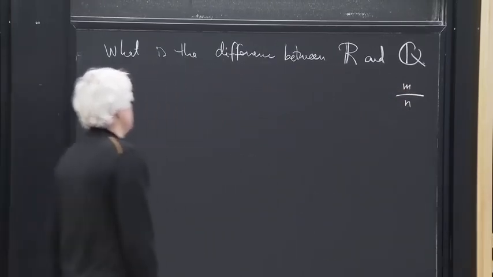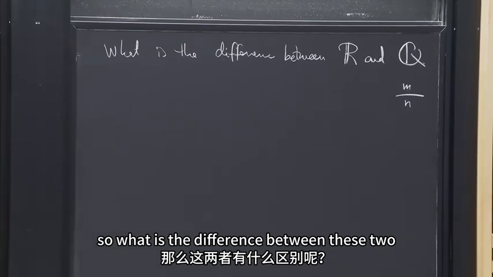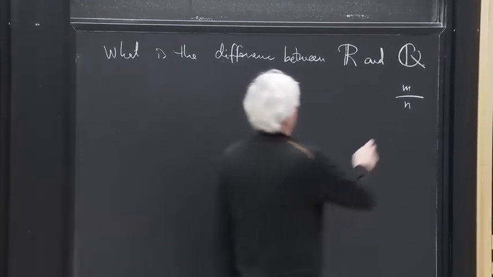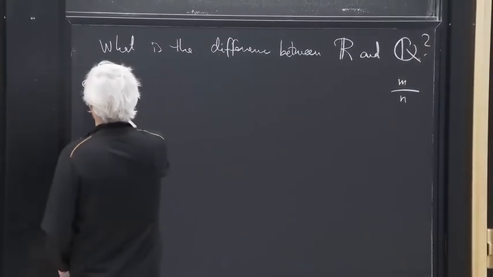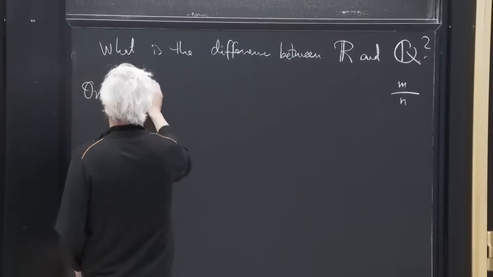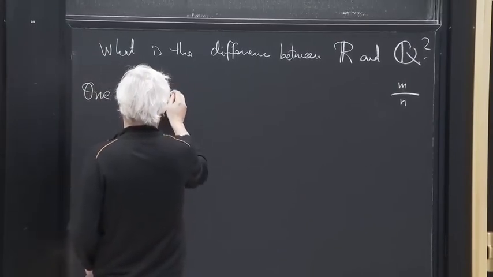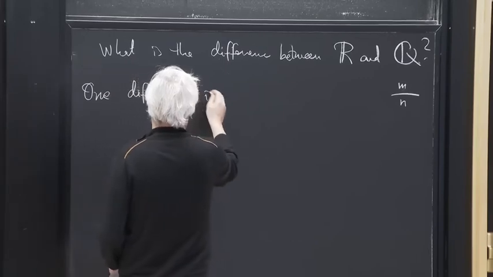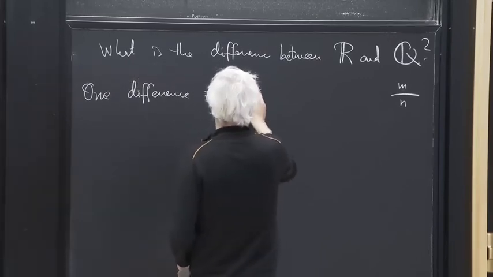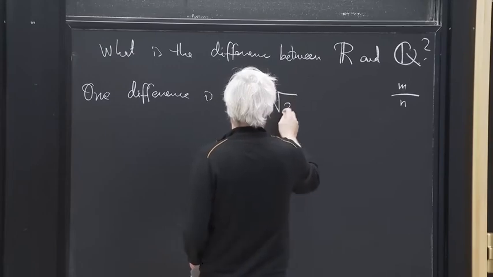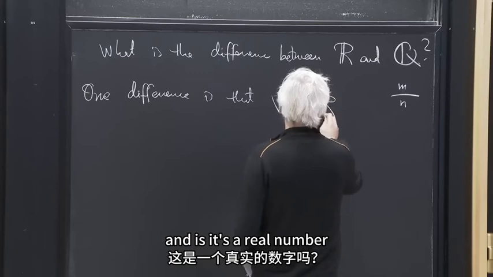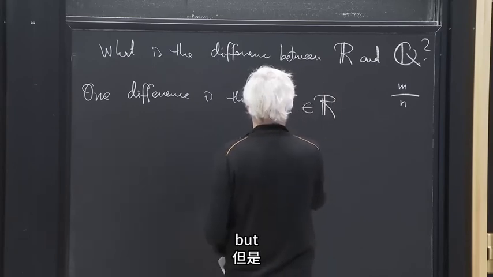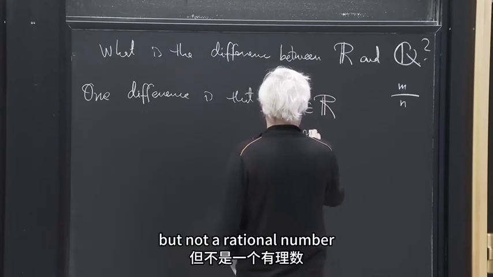So what is the difference between these two? Well, one difference is that the square root of 2 is a real number, but not a rational number.